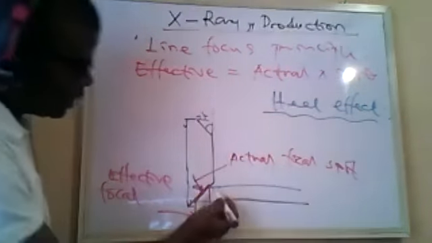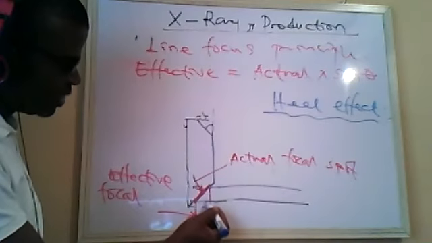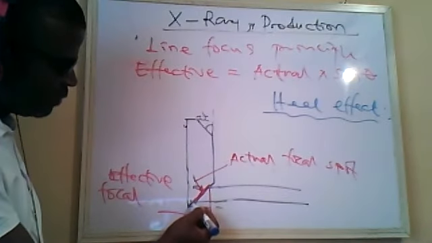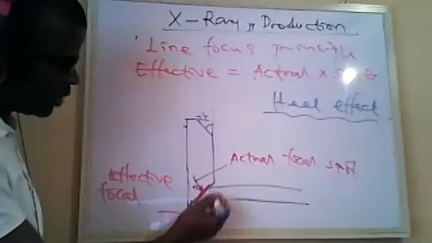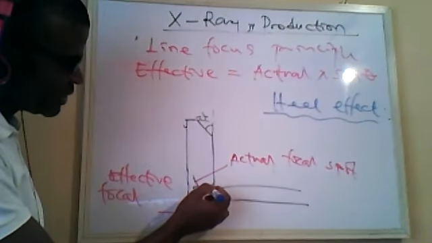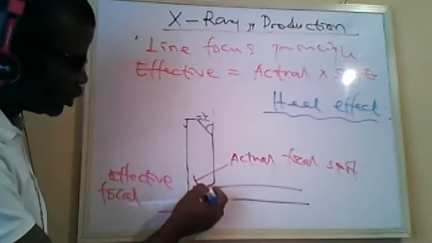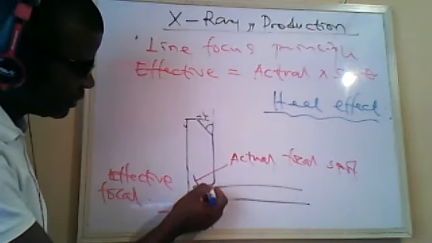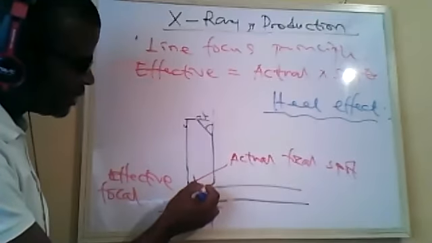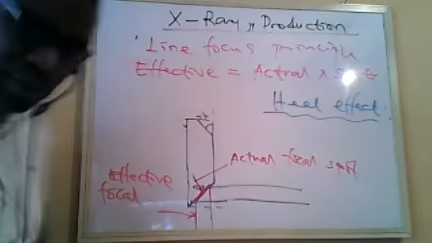Look at this electron, it will travel this distance before interacting, whereas others will interact immediately here. And apart from that, that is for one reason. Some electrons will interact at this end, at this portion.